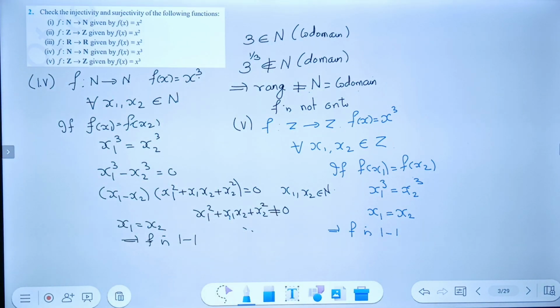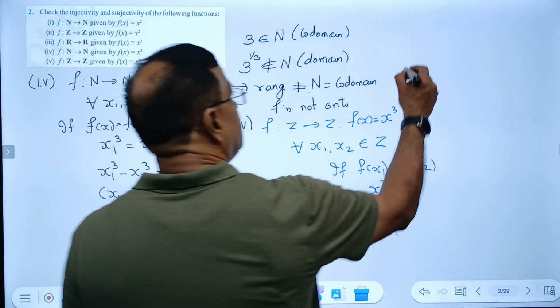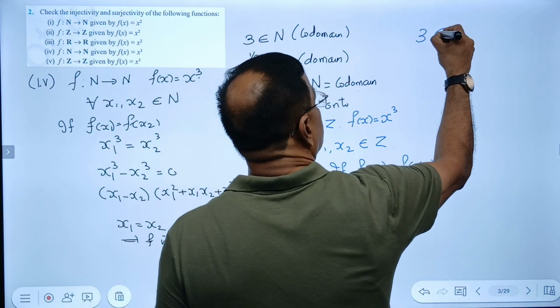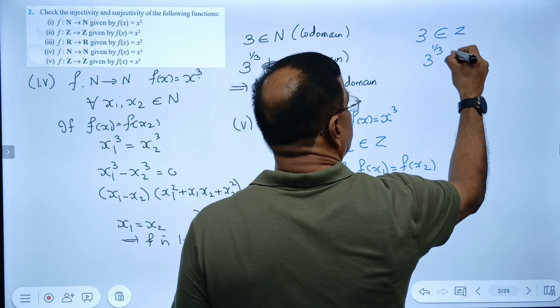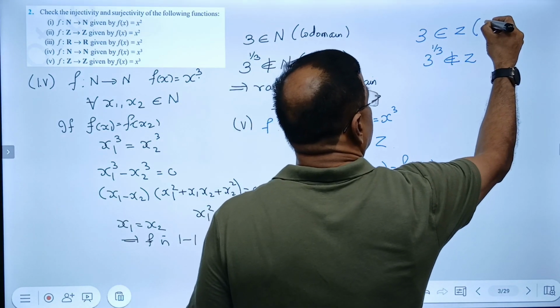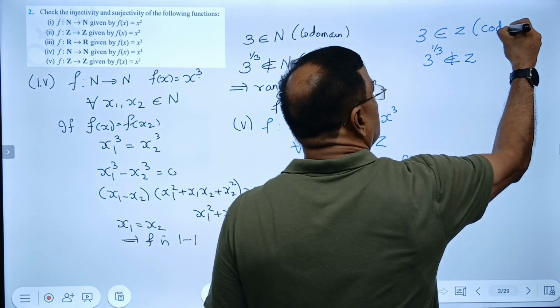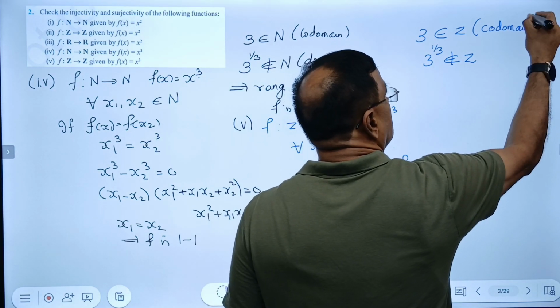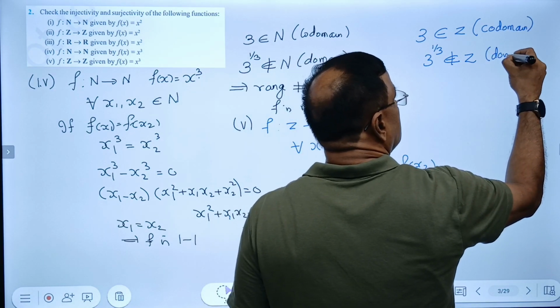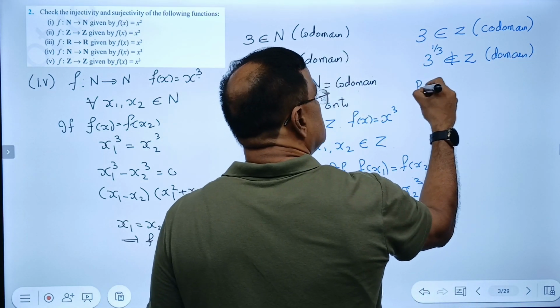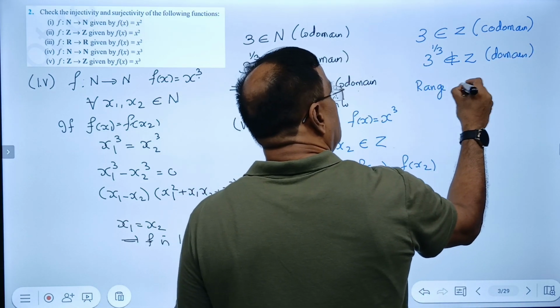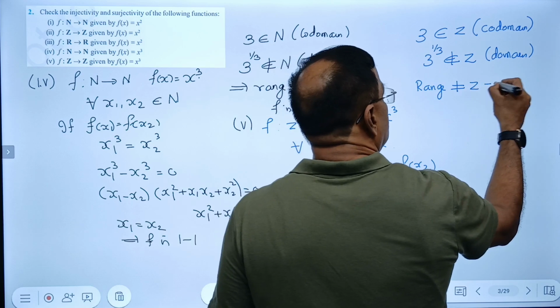Correct? Now how do you prove it's onto? The same example. If you take 3 belonging to Z, 3 power 1 by 3 does not belong to Z. This is codomain. This is domain. So same reason, range is not equal to Z, which is the codomain.